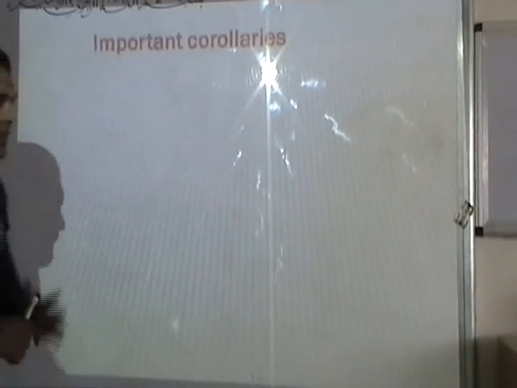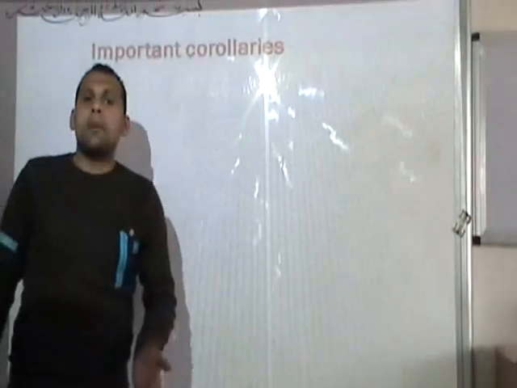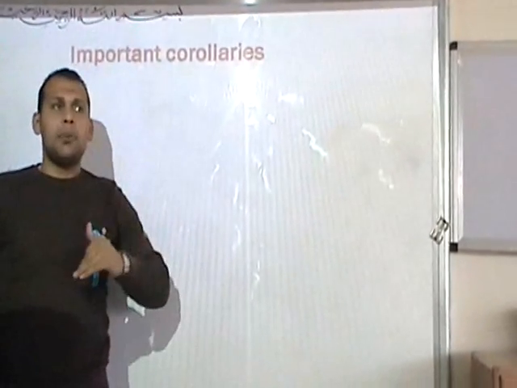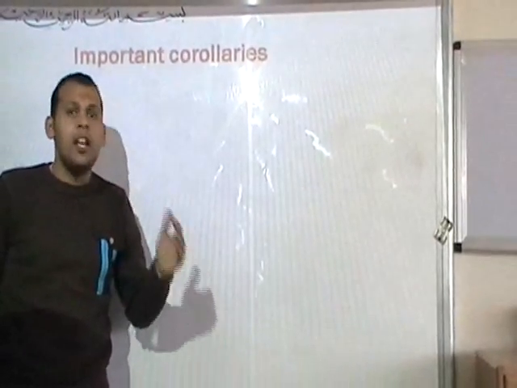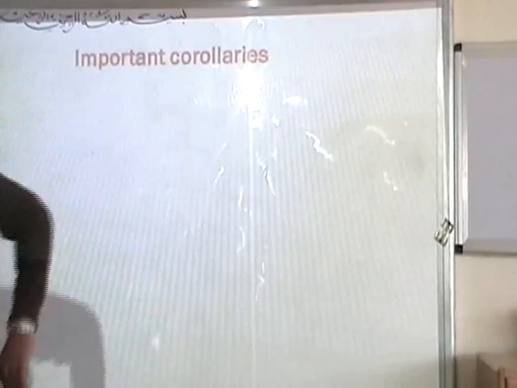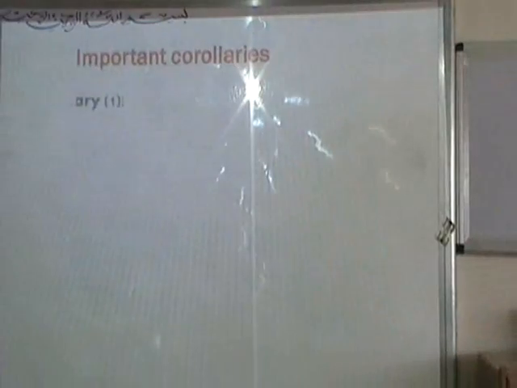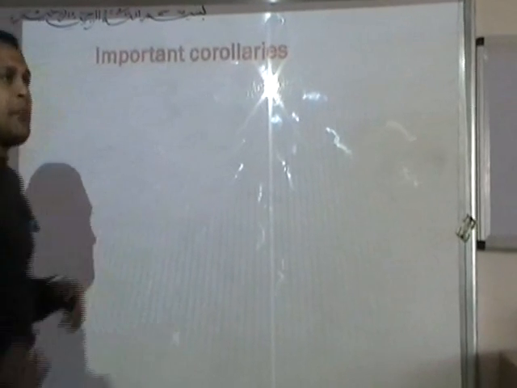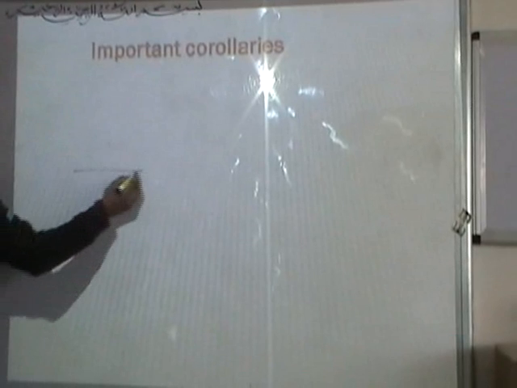Okay, let's ask you a question. How many axes of symmetry are there in the semicircle? We said that you have an infinite number of axes of symmetry for the circle, but for the semicircle you will have only one axis of symmetry, because the semicircle is a figure like this.